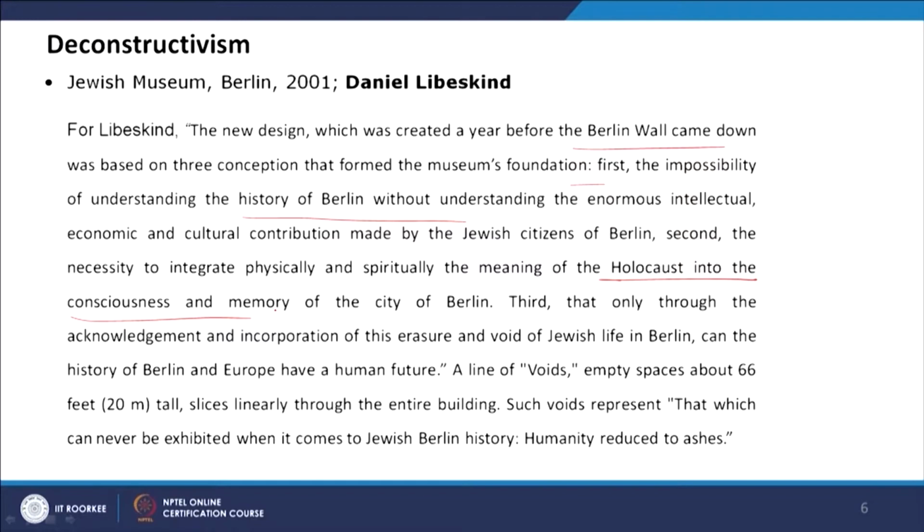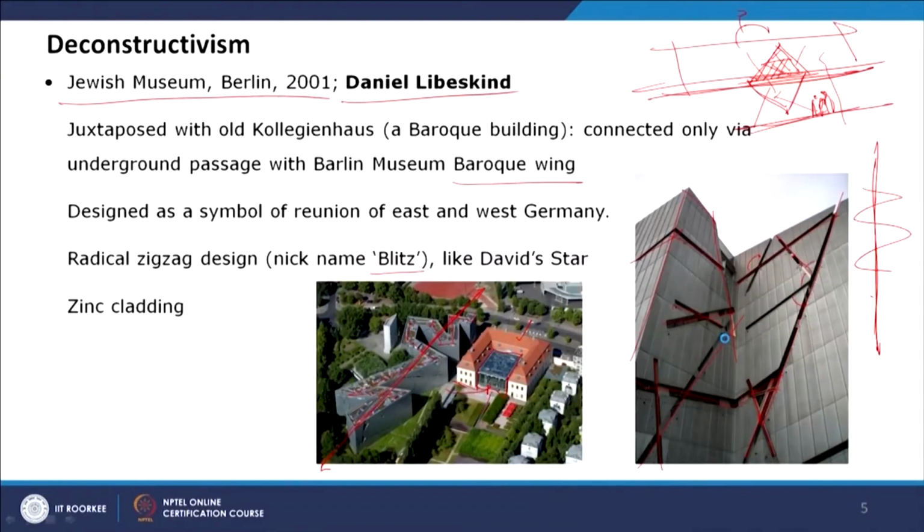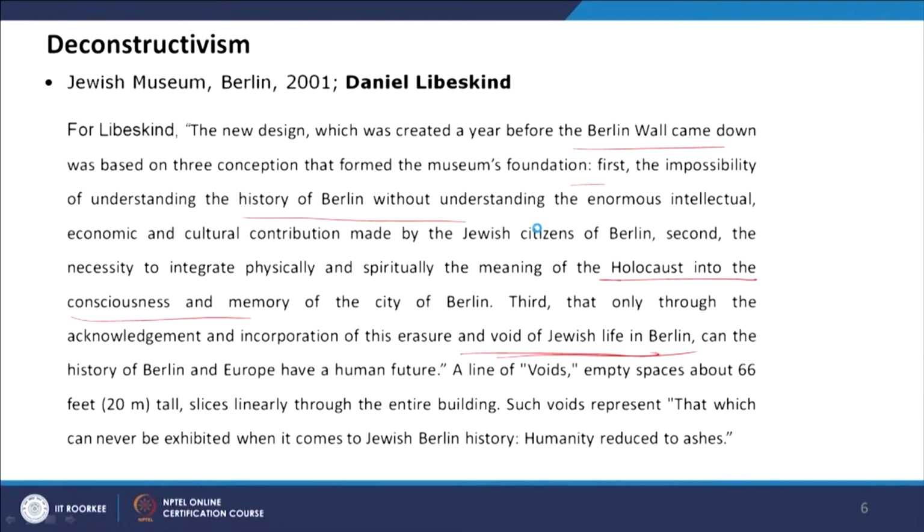Another thing is the acknowledgement and incorporation of the void in Jewish life in Berlin. So that central void is also kind of a wall, and it is a void from outside. From inside, it is a skylight, and that acts as a void in the building.